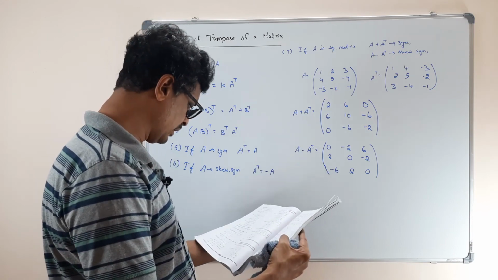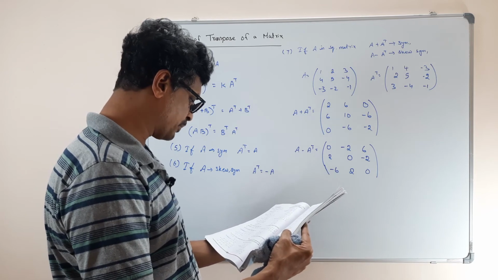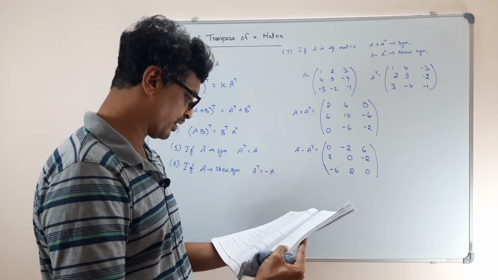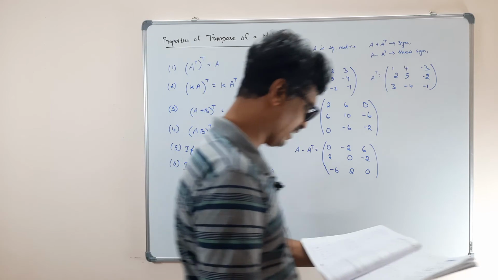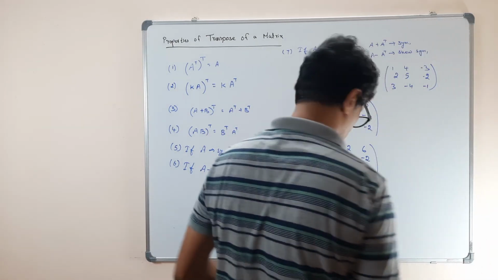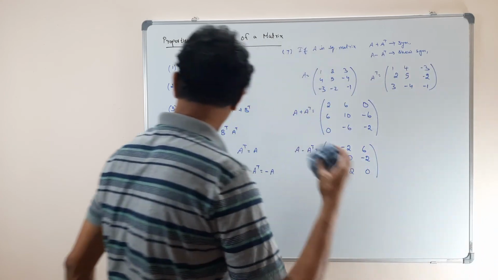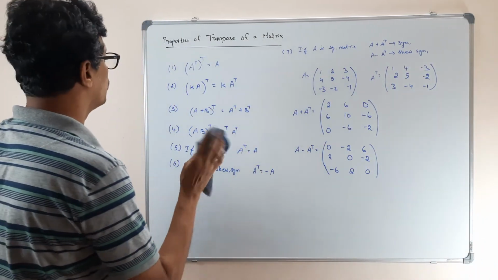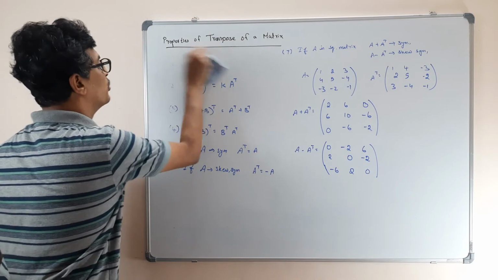There is one thing written here: a square matrix A can be expressed as the sum of a symmetric and a skew symmetric matrix. It is very simple to prove. Shall I remove this portion? Yes, I will remove it.